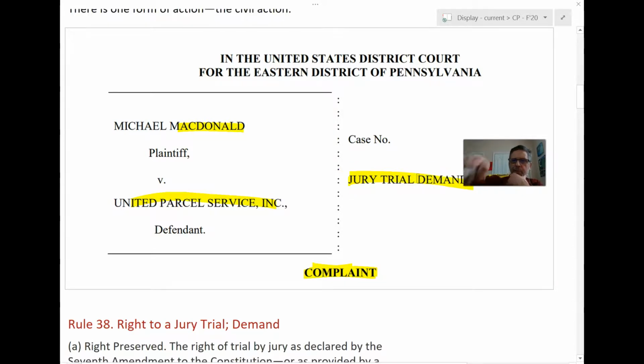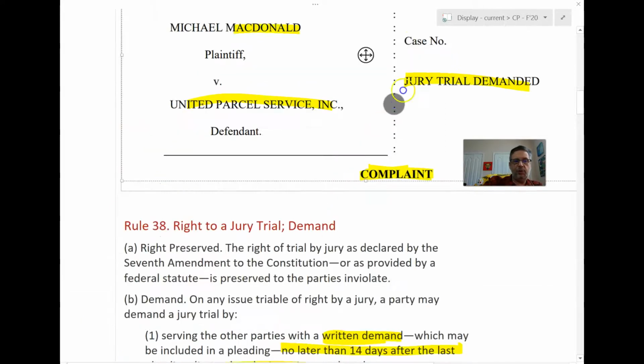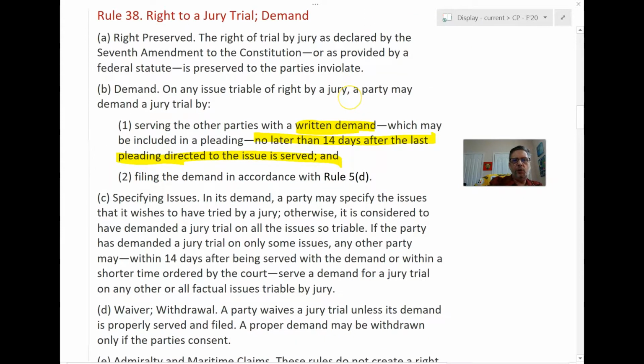And then later in the complaint, there would be a line saying that a jury trial is demanded for all issues on which a jury right exists, or maybe on specific issues, right? You could just demand jury trial on all issues so triable, but you could also specify the issues on which you want to have trial by jury.